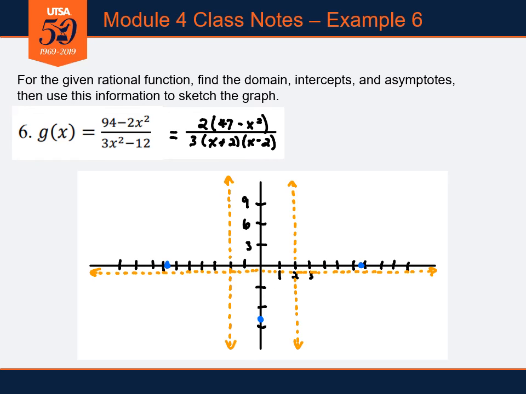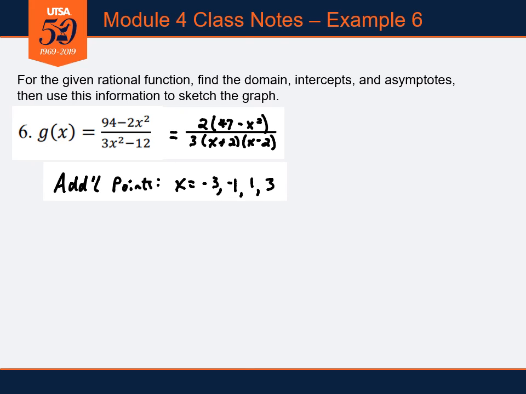And for that middle section in particular, I know that we're not going to go back up and cross the axis, or else we would have found more x-intercepts. So I'm pretty sure this is going to curve down. And I'm pretty sure I can sketch a curve on the right approaching the horizontal asymptote and the vertical asymptote, and similarly on the left. But let's plug in some numbers just to be sure.